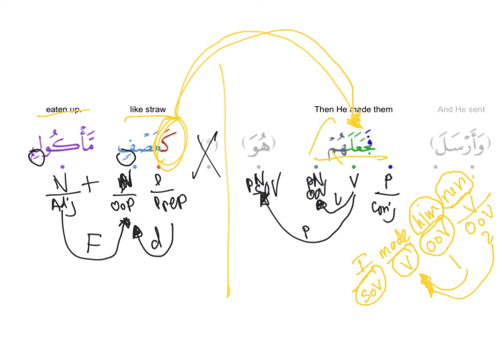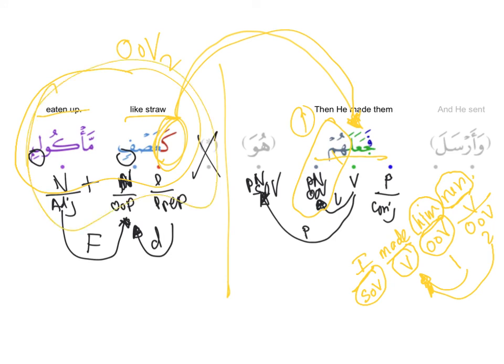So them would be the object of verb number one, and then like straws eaten up is object of verb number two. Okay, so that's how you can also look at parsing this verse. Whenever you have ja'ala, which means make, you can have two objects, and you can sort of rationalize even this prepositional structure as an object of verb.